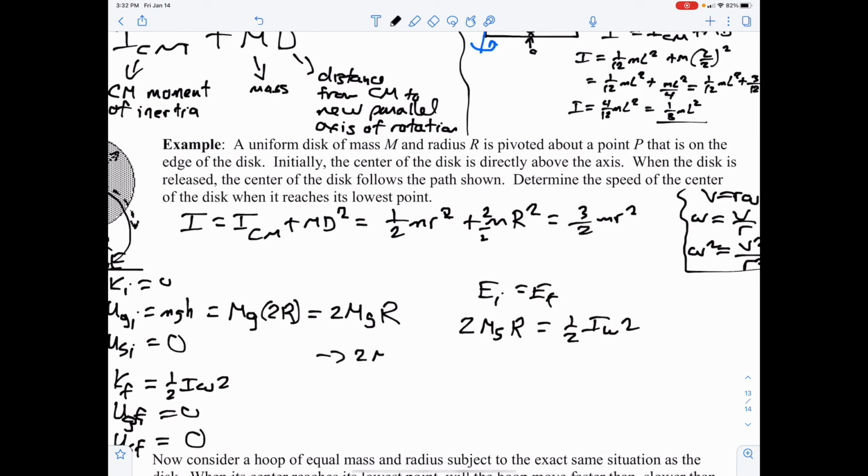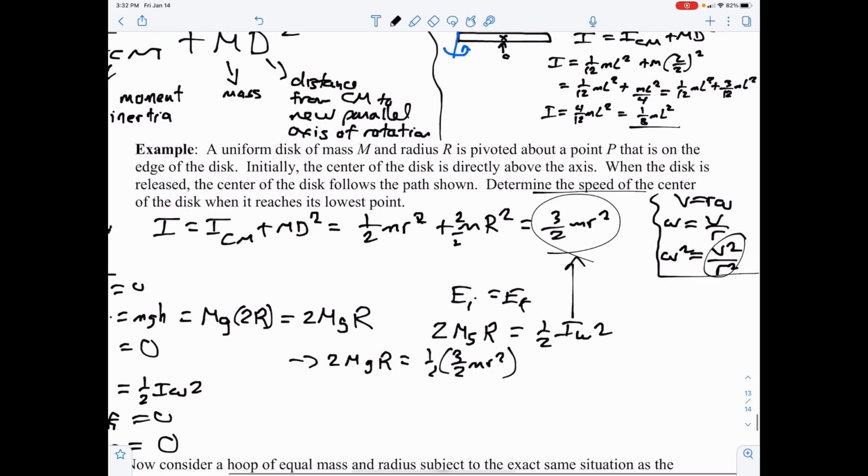So we have 2mgr equals 1/2. We're going to replace I with 3/2 mr squared. And we're looking for the speed, not the angular speed, but the linear speed. So we're going to replace omega squared with v squared over r squared.